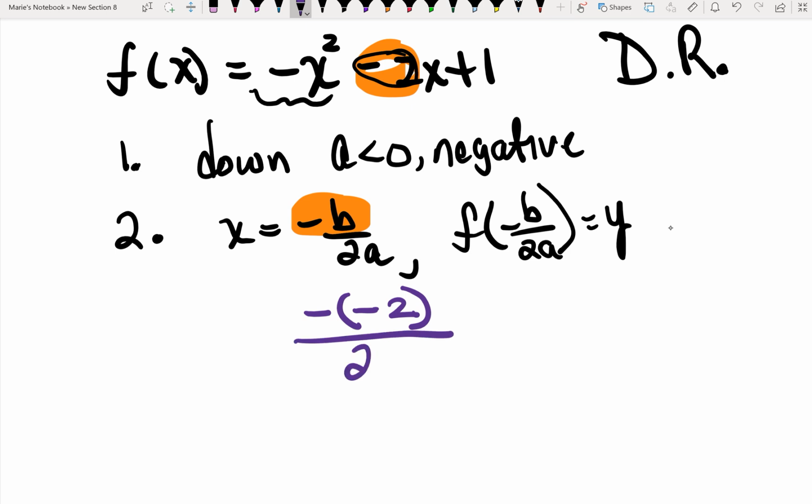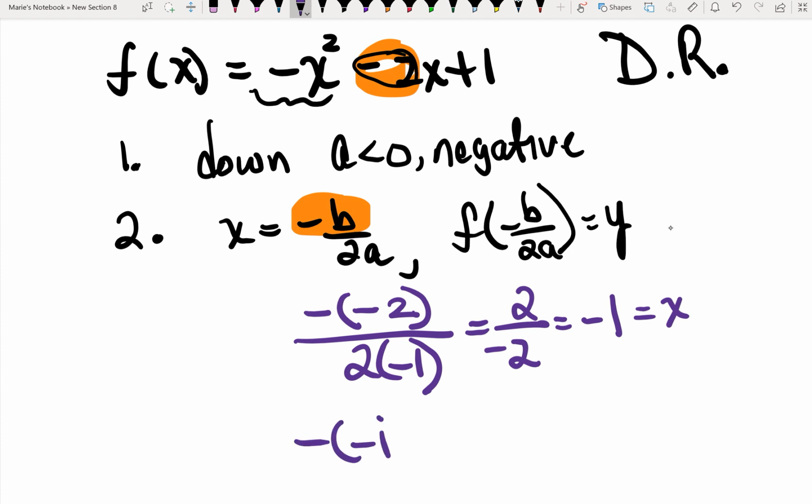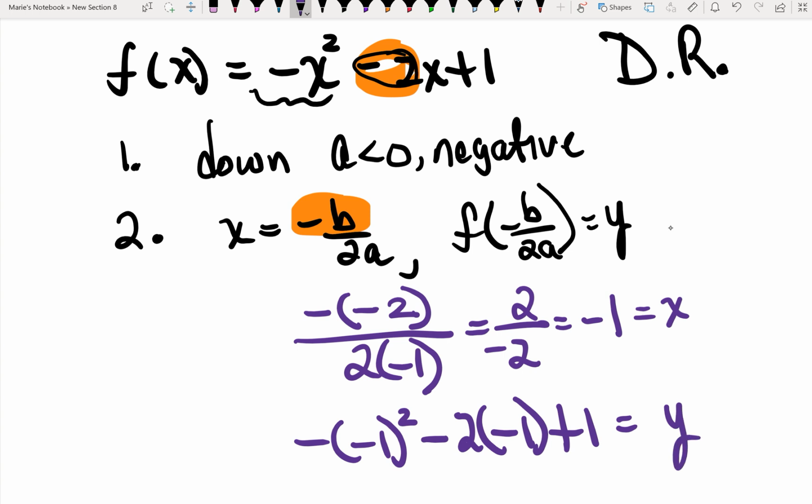All over 2a, so 2 times a, and a happens to be negative 1. So this gives you positive 2 over negative 2, and therefore this is negative 1, which is equal to the x value in the vertex. So to find the y value, I'm going to say, okay, then negative 1 squared minus 2 times negative 1 plus 1 is equal to that y value for the vertex.